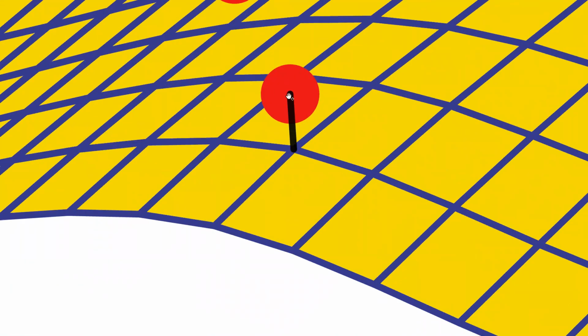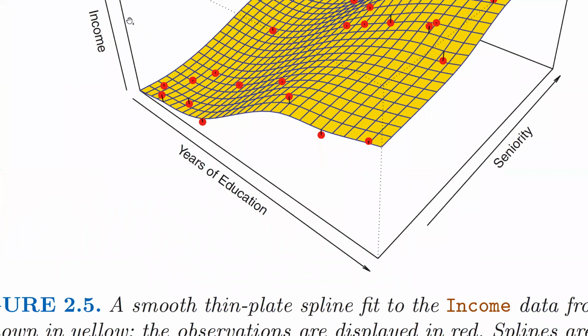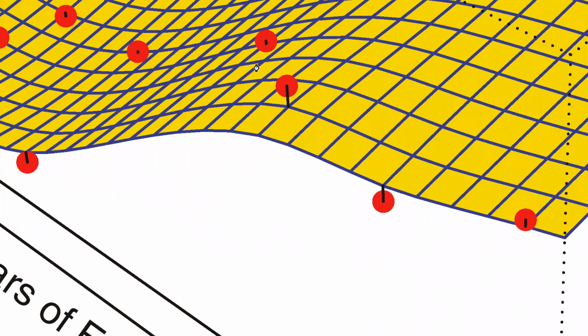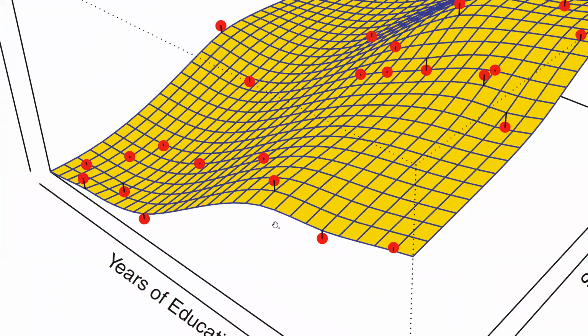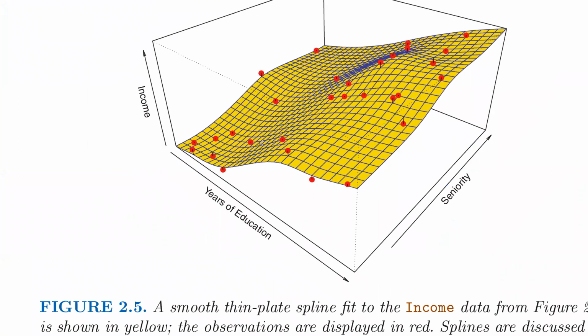The red, you look at the axis, the income, and the red is the actual observation. The yellow surface, this point, that is the model's prediction. So just take an example.